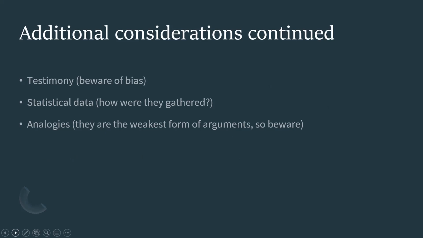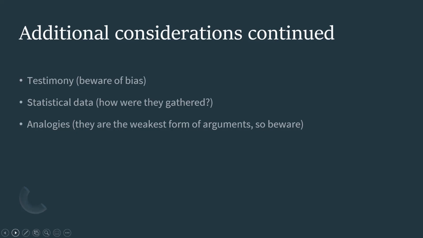If you're going to have testimony, it is better if you have testimony from someone who agrees with what your argument is about, and testimony of someone who doesn't, and that would be far more balanced. If you use statistical data, which is very helpful, you need to look at how those data were gathered.